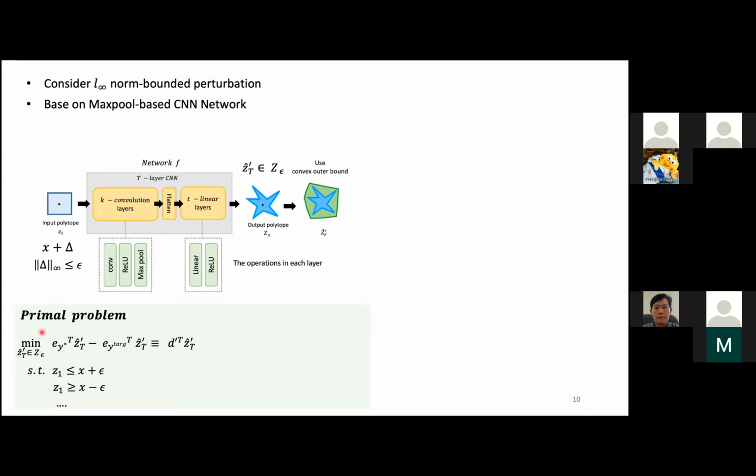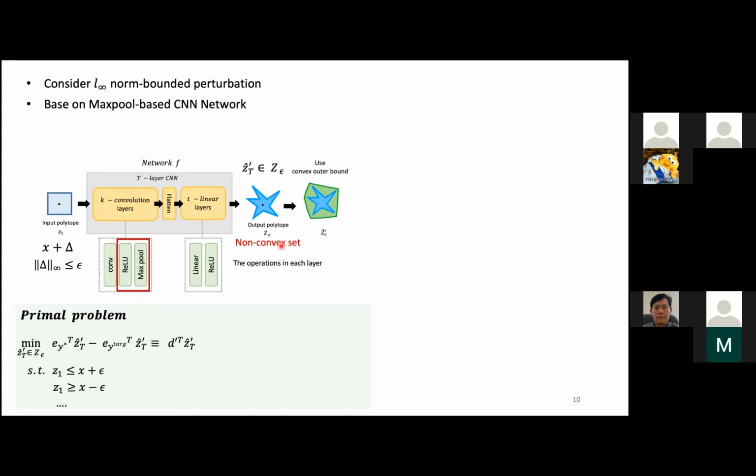We just find the worst case point in the output polytope. If the minimum of this equation is still larger than 0 under this constraint, then we can verify that the network is not attacked. However, there is one thing we should notice. That is, because the network contains nonlinear functions such as ReLU and maxpool, the output polytope is like a non-convex set.